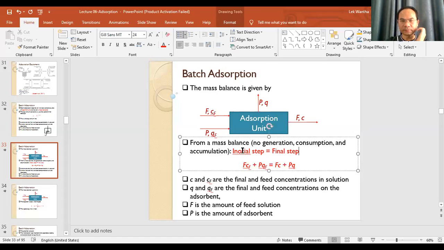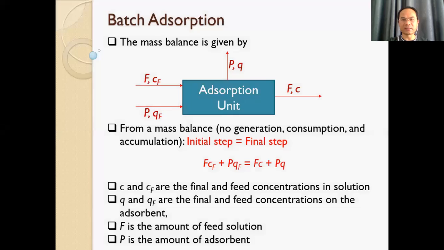Okay, no generation, no consumption, no accumulation, because it's the general mass balance, initial and final, no reaction. The initial step equals the final step, or sometimes input equals output.